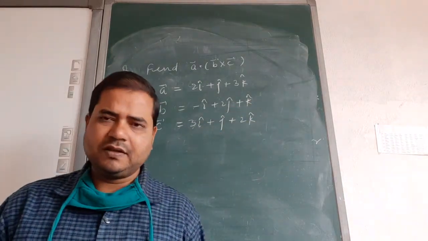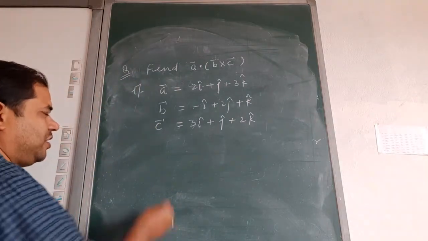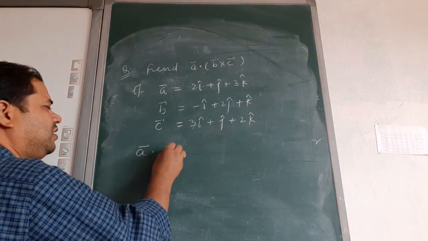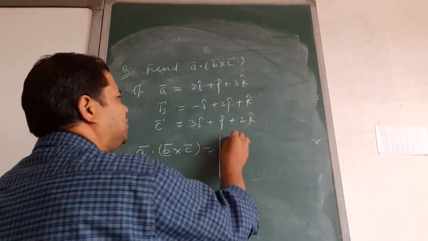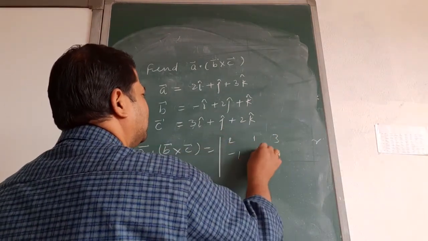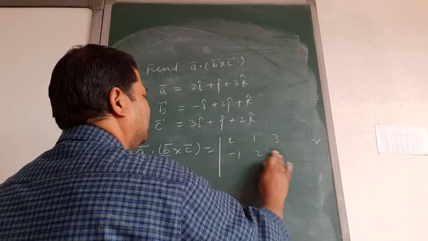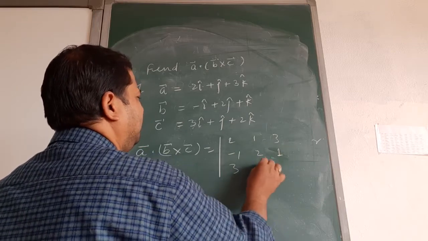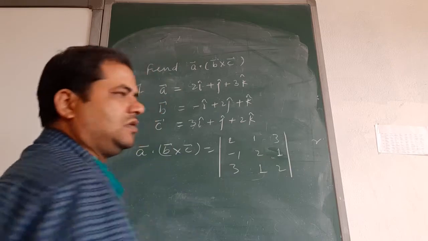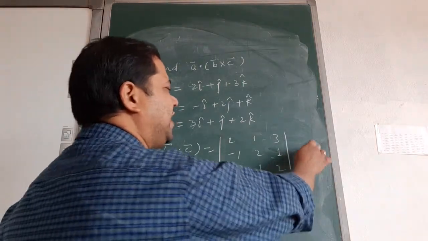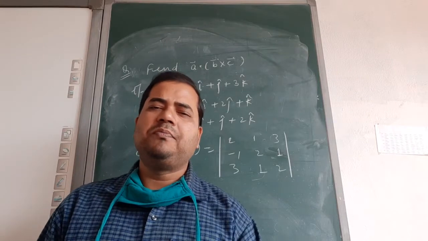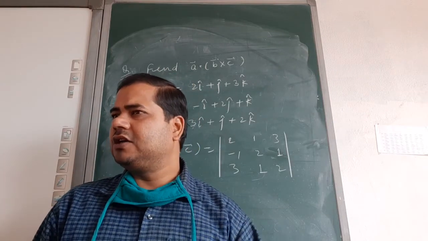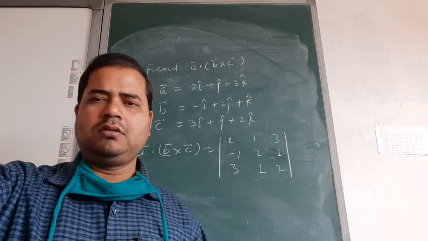Clear? So how to find A dot B cross C? This is very simple. A dot B cross C is nothing but simply the determinant 2 1 3, minus 1 2 1 and 3 1 2. What you can do? You simply expand this determinant and you will get the value of A dot B cross C. Understood? So note it down.